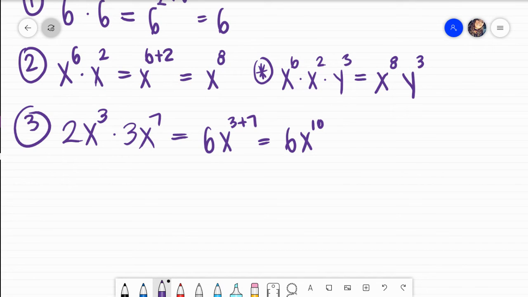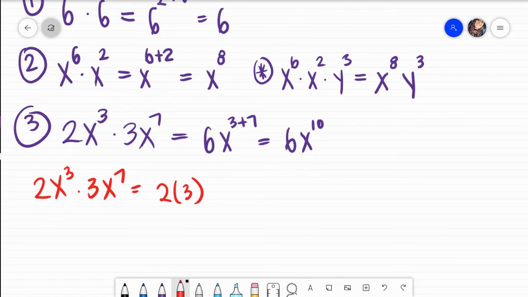If that doesn't make sense to you, when you have 2x cubed times 3x to the 7th, that is 2 times 3, and then x cubed times x to the 7th. 2 times 3 is 6, x cubed times x to the 7th, keep and add, 6x to the 10th.